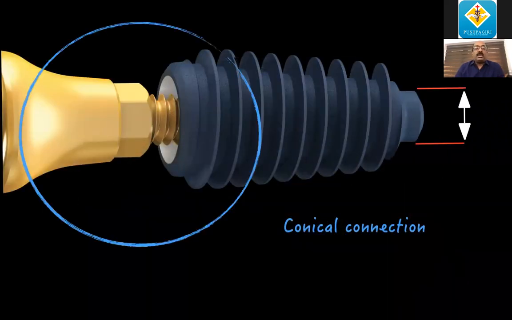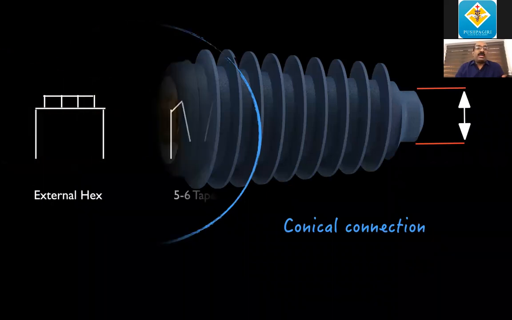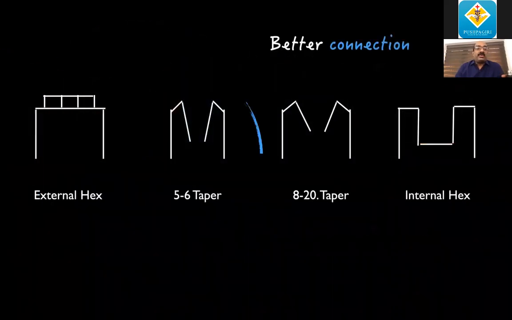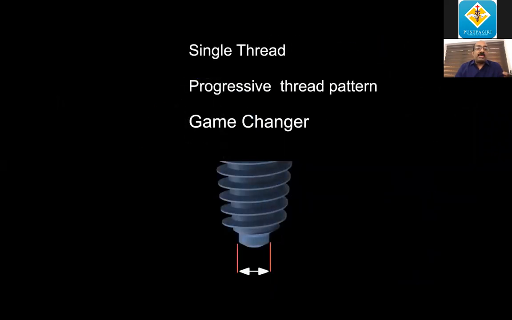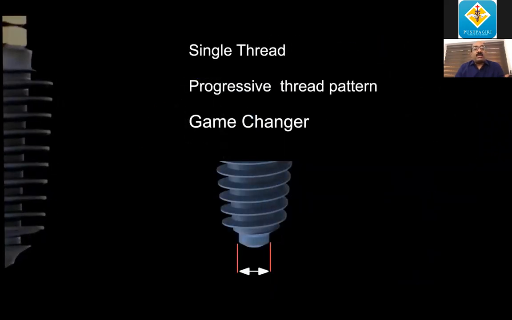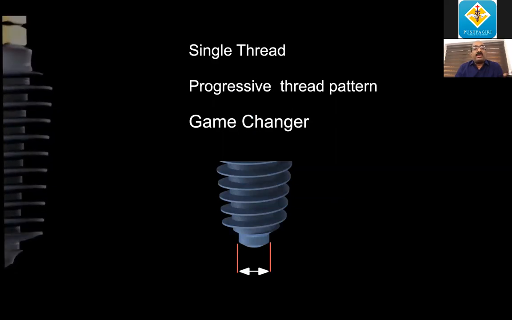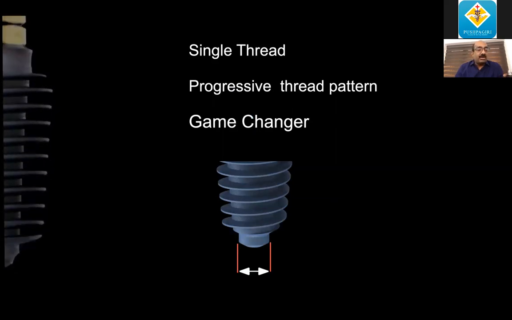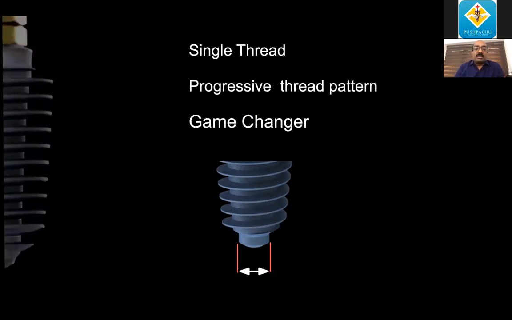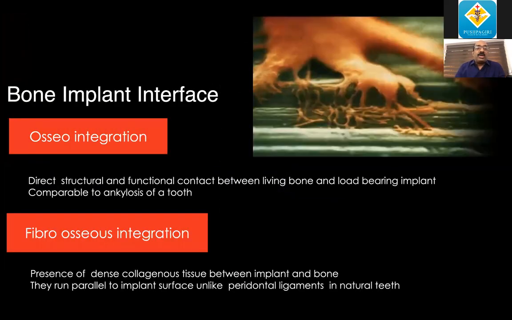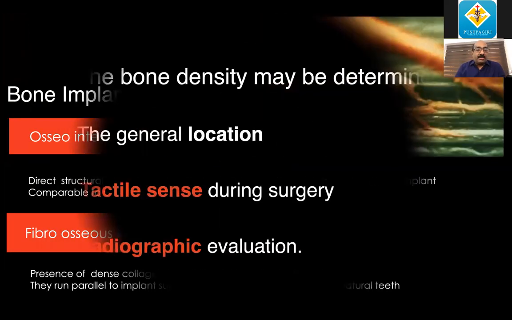We have so many different companies offering different types of connections. Different companies offer a very progressive threaded design, and the primary stability is really high with this type of implant. It is just like any other screw, not like a nut and bolt. It just goes in and stays there firmly, allowing an early osseointegration.